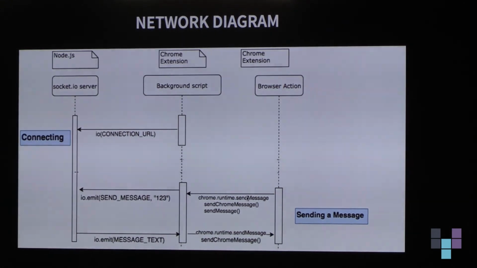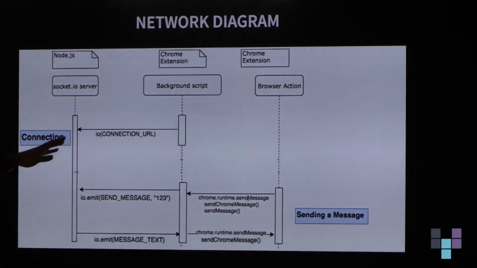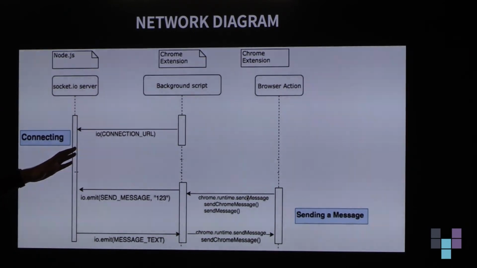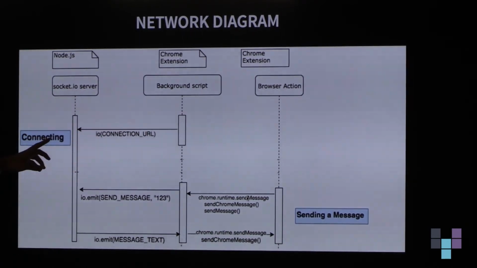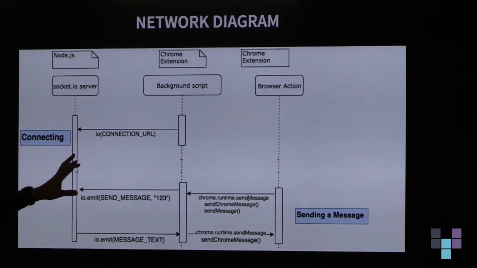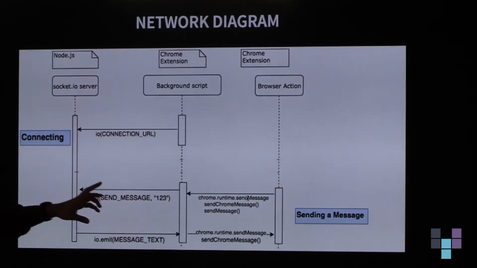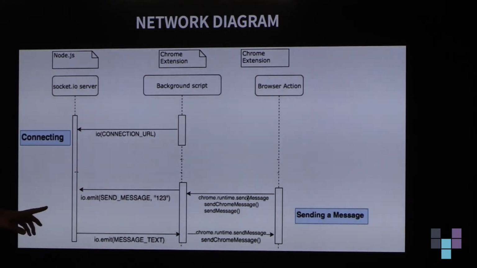I hope you can see this actually. It's a slightly more detailed version of how the messages are passed. It's easiest to imagine that the background script is basically the client to the socket that connects to the Socket.io server, and once that's connected, it waits for any events that might be sent from the socket to the background script.